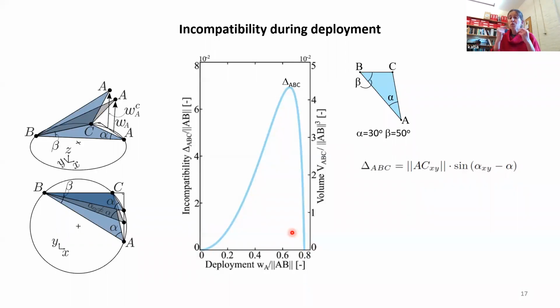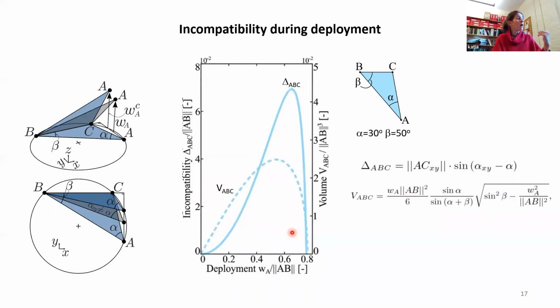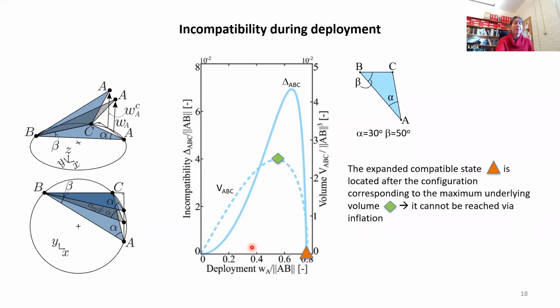But you remember, we also want our structure to be inflatable. So let's have a look at the volume underlying the triangle. With simple geometry, I can explicitly determine this volume, and here I'm plotting it as a dashed line, as a function of deployment height. And what do we see? Well, if we carefully look at these two curves, we see that there is a problem.